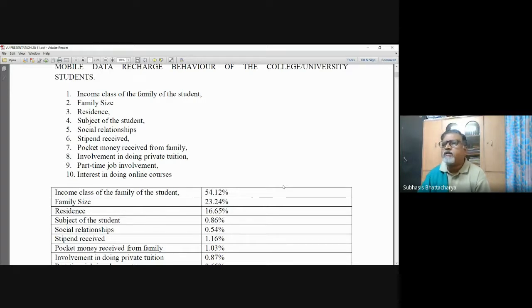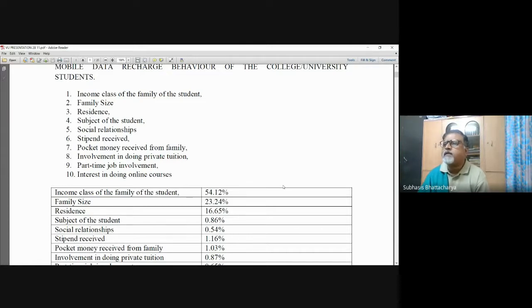So then one question comes to our mind: whether all such 10 variables are equally significant to explain the mobile data recharge behavior of the college or university student. Surely not. That is the expected answer. Not all are equally significant.